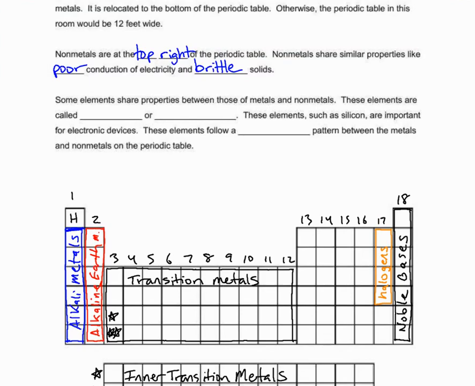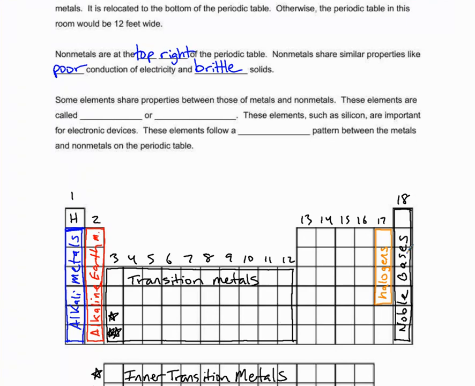If you were to hit it with, say, a hammer or a baseball, it would completely shatter. And that's what we're talking about with brittle solids. Most of the solids that are nonmetals tend to break very easily if they're hit. We'll come back and label those in a second.